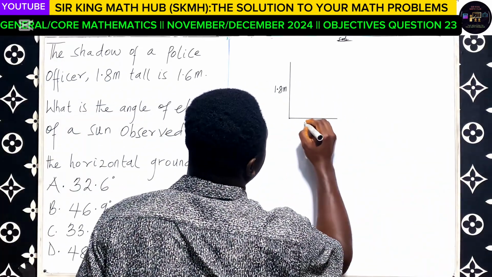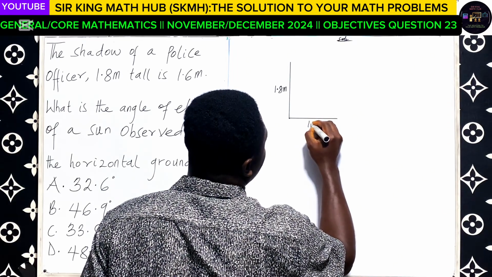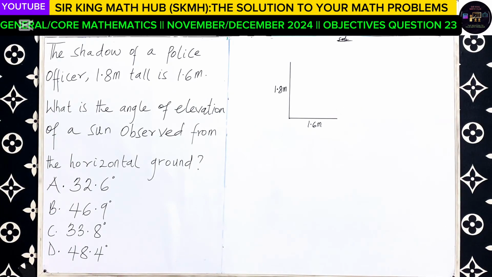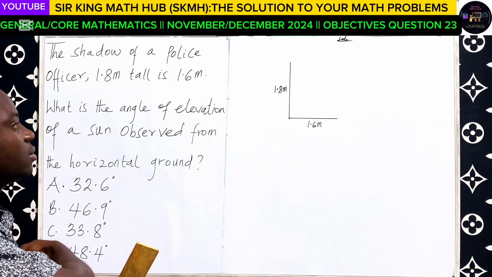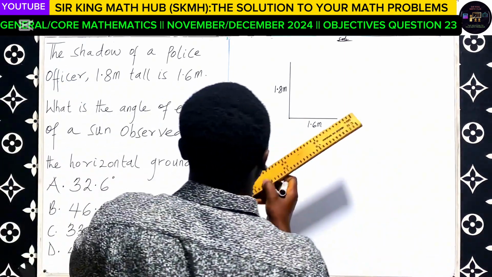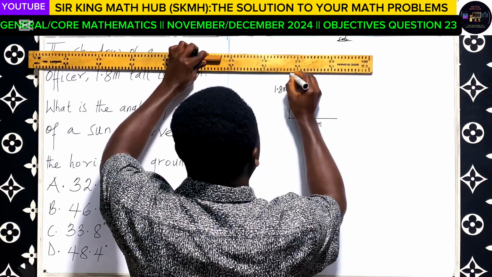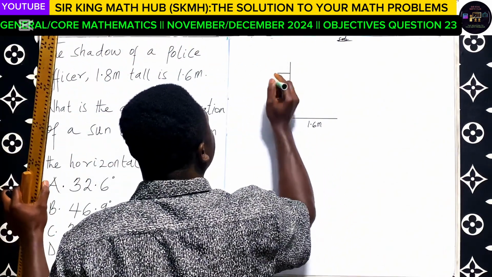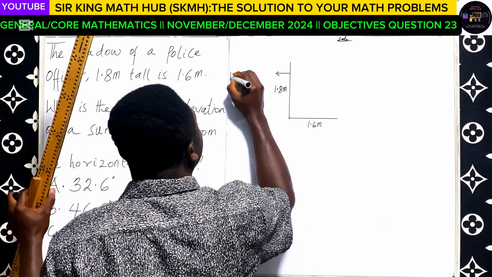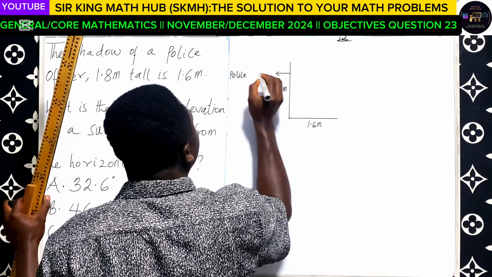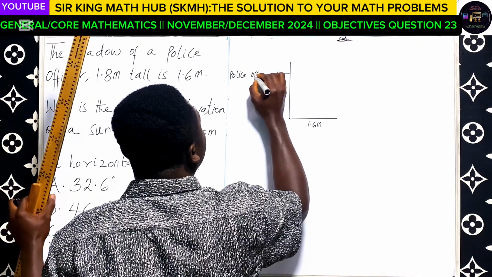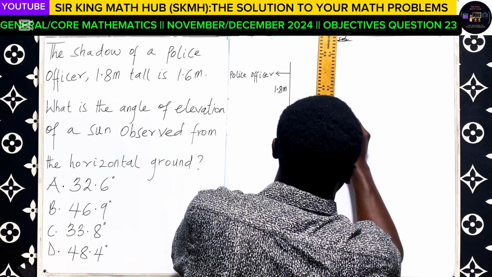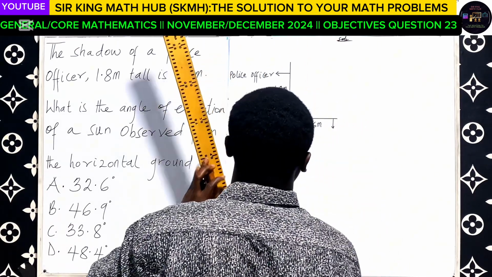The length of his shadow measures 1.6 meters long. So let me indicate this as the height of the police officer, and this length is his shadow.